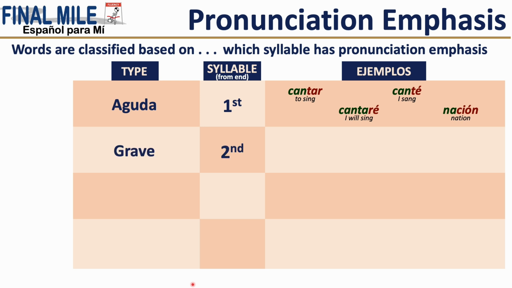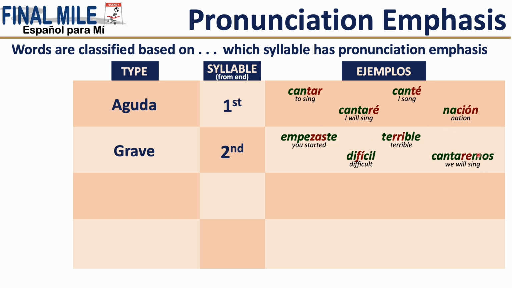Let's look at the next category, where emphasis is on syllable number 2. Let's look at some examples. Some of them will not have an accent, and some of them will. In all of them we put pronunciation emphasis on the red syllable, syllable number 2. Why?